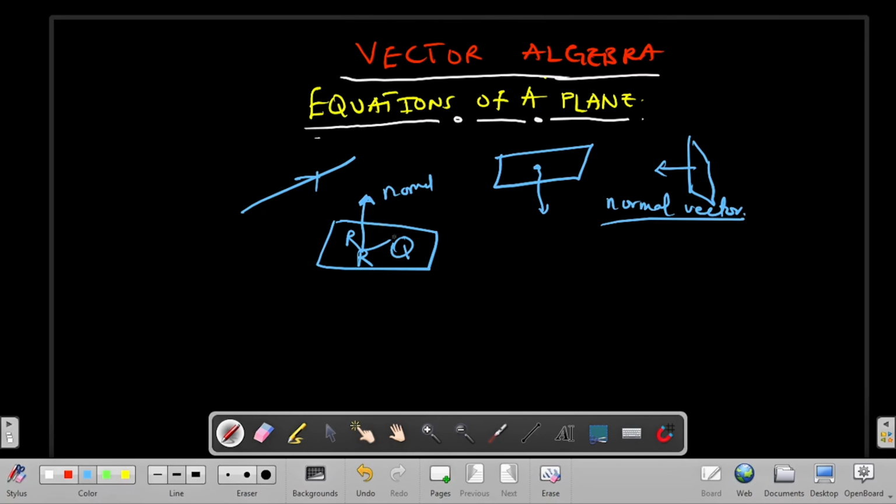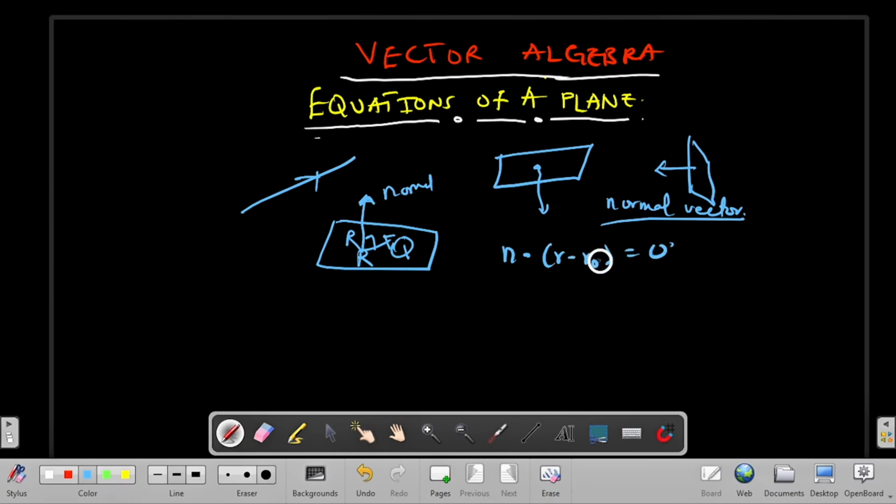Remember that the normal vector we have here is perpendicular to any vector within this plane. That is one thing you should know. And from the dot product, you know that any two vectors which are perpendicular give us what? Zero. Therefore, to find the equation of a plane, we simply say that my normal vector dot any vector in the plane gives me 0.